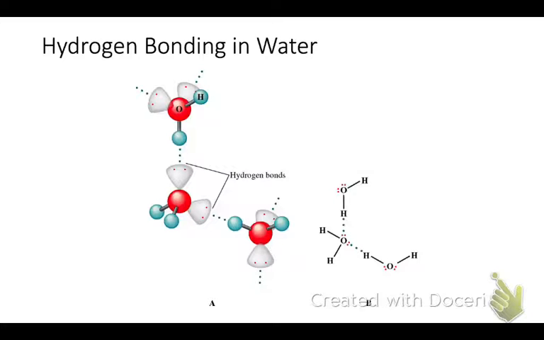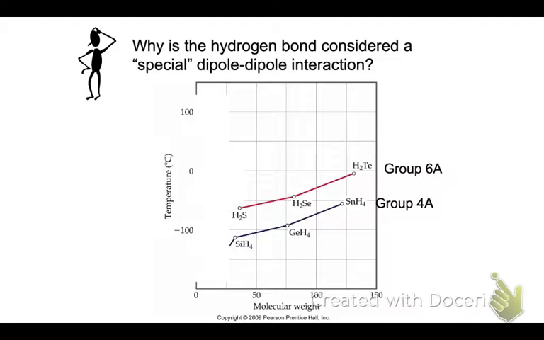Here is another picture of the hydrogen bond in water. And again, you can see that the hydrogen is hydrogen bonding to the other atom of the three. Now, let's see why hydrogen bonding is considered a special dipole-dipole. Let's look at the group 4A here.